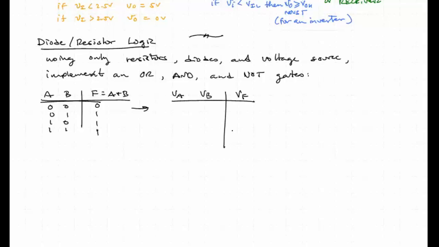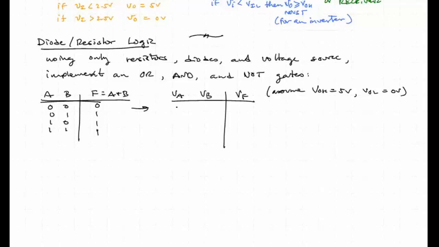And for the moment, let's assume VO high is equal to 5 volts and VO low equal to 0 volts.